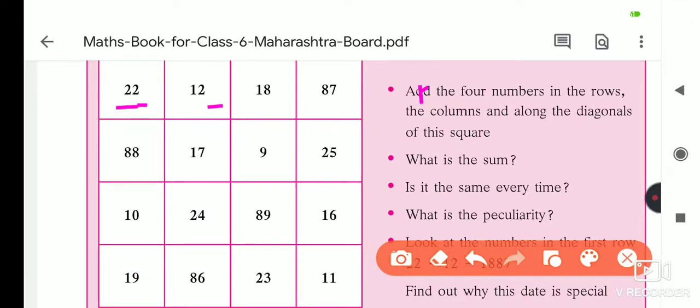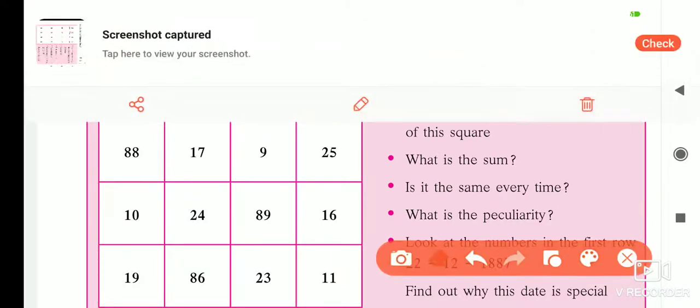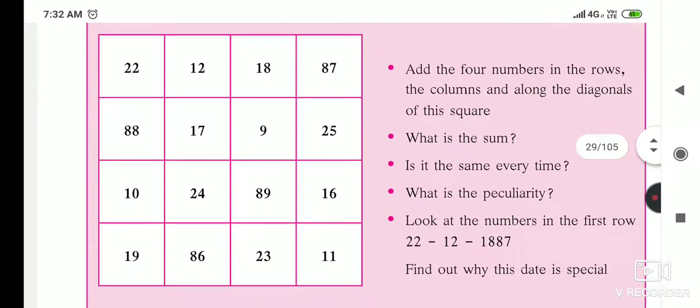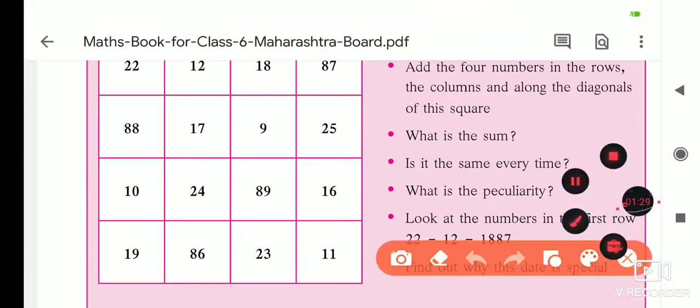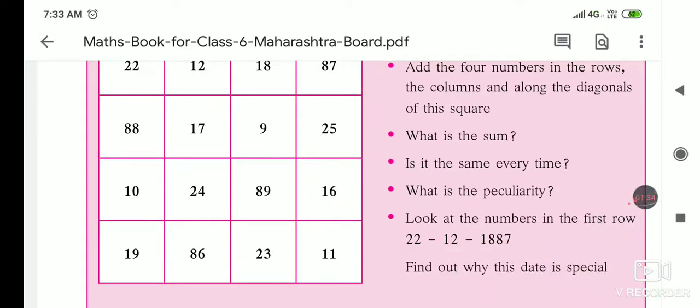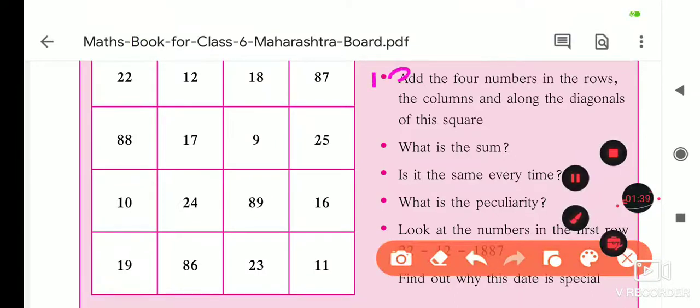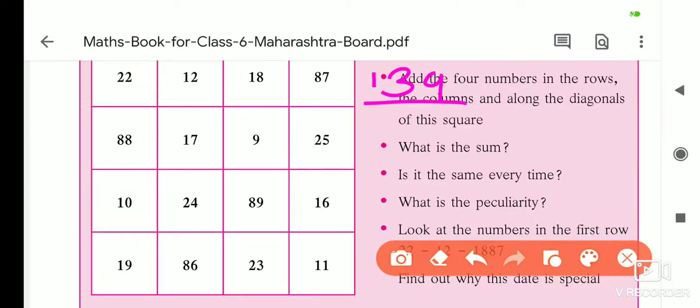So you do the sum of 22, 12, 18 and 87. Its sum is how much? 139. If you do the sum of all these, you will get the answer 139. Now if you do the sum of 88, 17, 9 and 25, its sum is also 139.